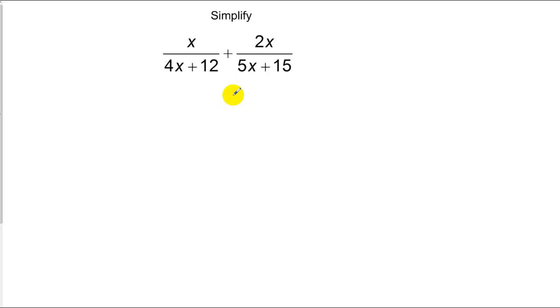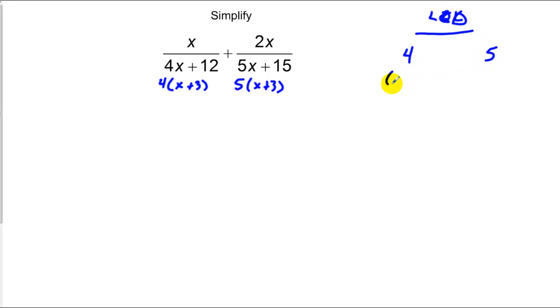So now, this case is a little bit different because you'll notice each binomial term in the denominator has a GCF. So what I'll need to do is I'll need to factor those out. And in this case, I have a 4 and x plus 3. And in this case, I have a 5 and an x plus 3. So again, trying to find my LCD, you'll notice I have these constants of 4 and 5.